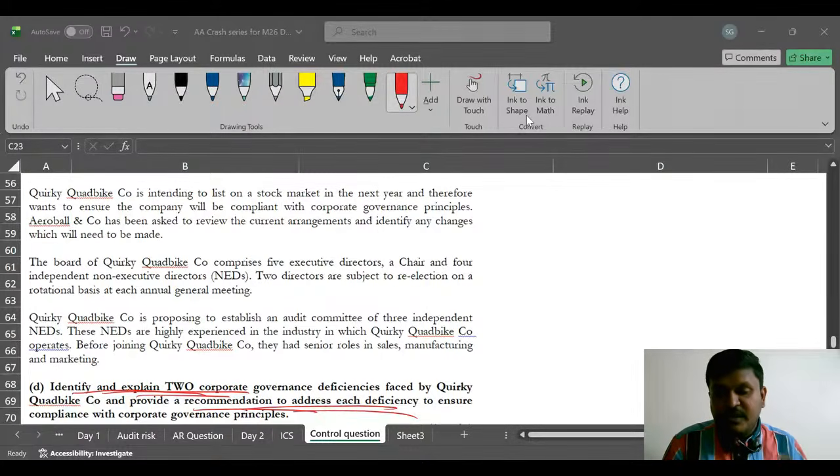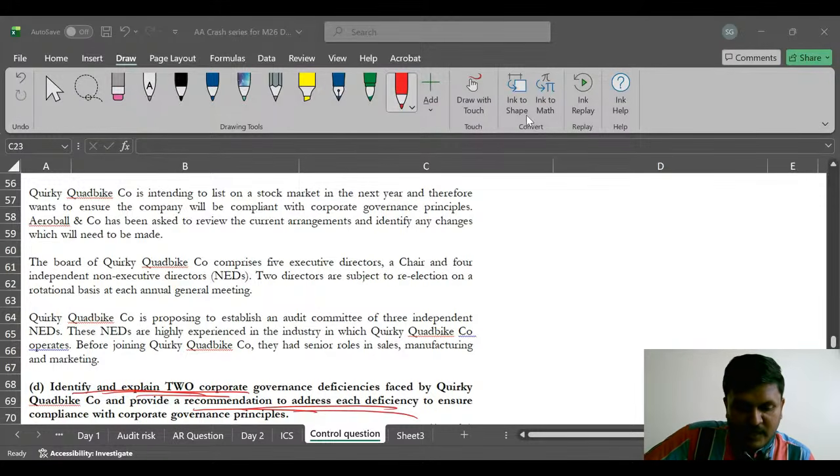The chair might be a non-executive, but excluding the chair, a better thing to have is 5 executive and 5 non-executive. So, yes Navina, we need to have this as a corporate governance deficiency here. So we need to suggest that. We need to appoint at least one more independent non-executive director. That would be your recommendation coming in here.